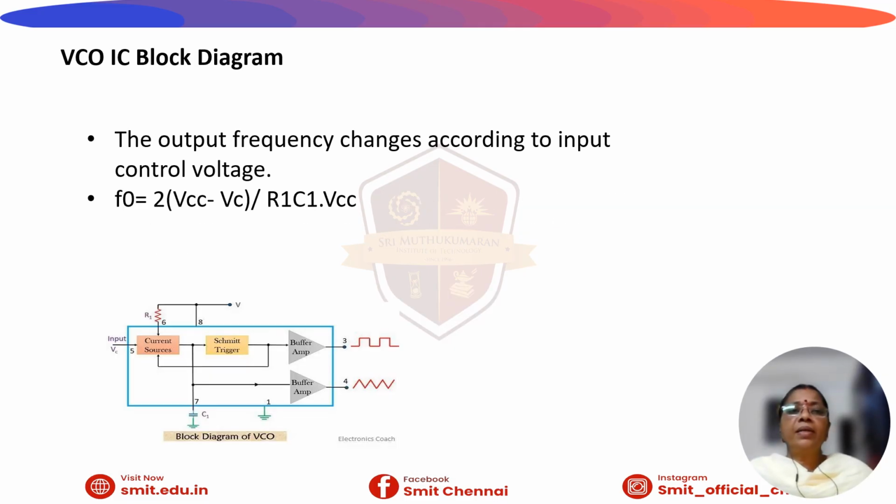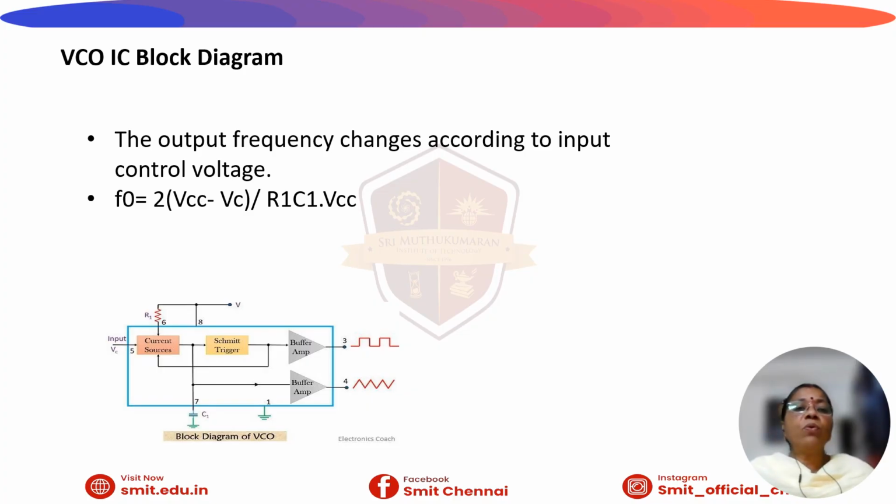The internal block diagram of the VCO consists of 4 core building blocks, which is given in the block diagram. It consists of 2 constant current sources for charging and discharging, a Schmitt trigger and 2 amplifiers. It operates by linearly charging and discharging the external capacitor, which is connected to simultaneously output the square and triangular wave.